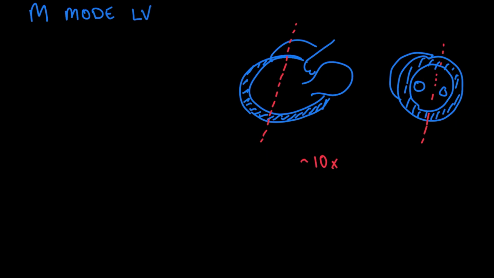So what will we see when we slice through the left ventricle? Well, your normal M mode will look something like this. Let's add a little bit of thickness to the left ventricle. And then I'm going to add in the right ventricle up here.